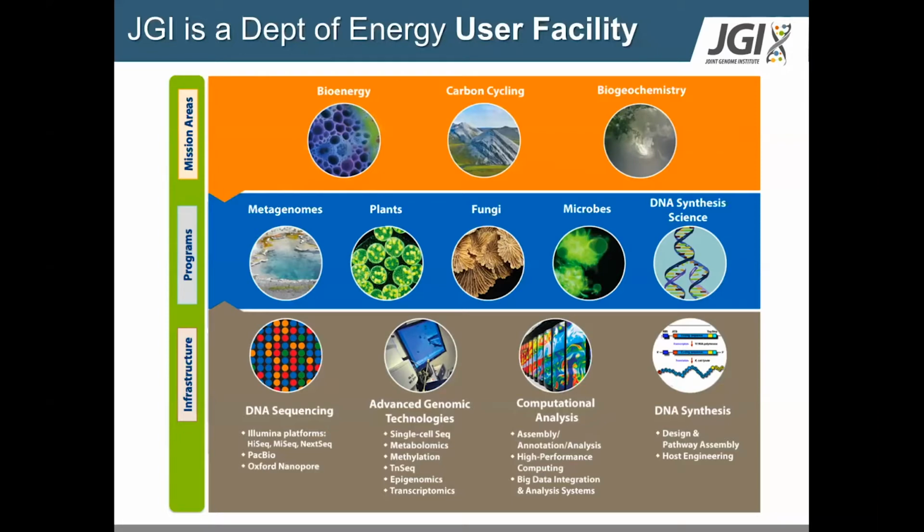And part of the mission, the way I like to think about it, is that part of the directive really is to constantly evaluate and benchmark emerging technologies, which in our case has been sequencing platforms, the software that goes along with it for the computational analysis, looking at other types of emerging technologies, and then passing on the access to those technologies and the lessons learned and the know-how to our worldwide community of users.